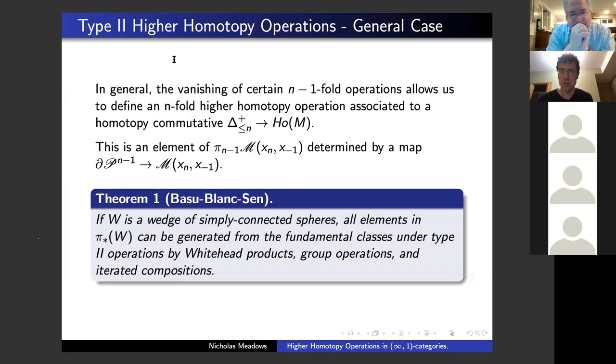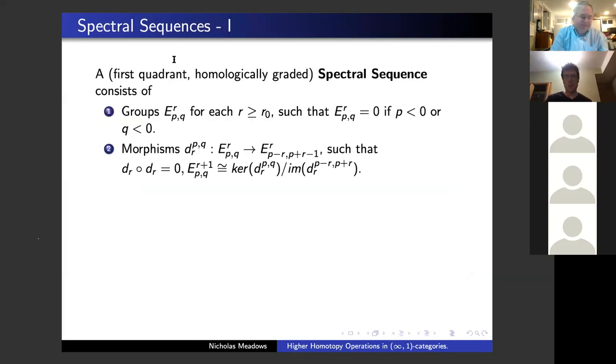Okay, so the idea is that a spectral sequence is a collection of bigraded groups E^r_{p,q}, where r is a superscript. Usually we assume they're homologically graded, so that means E^r_{p,q} is 0 for p less than 0 or q less than 0.